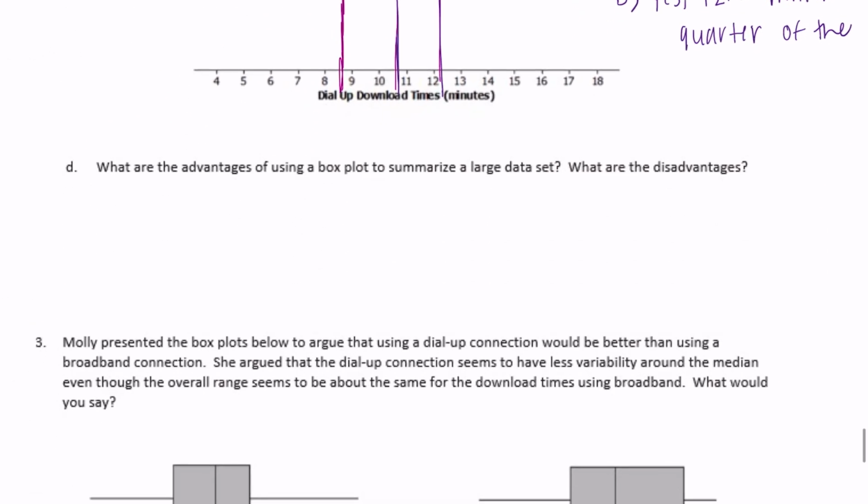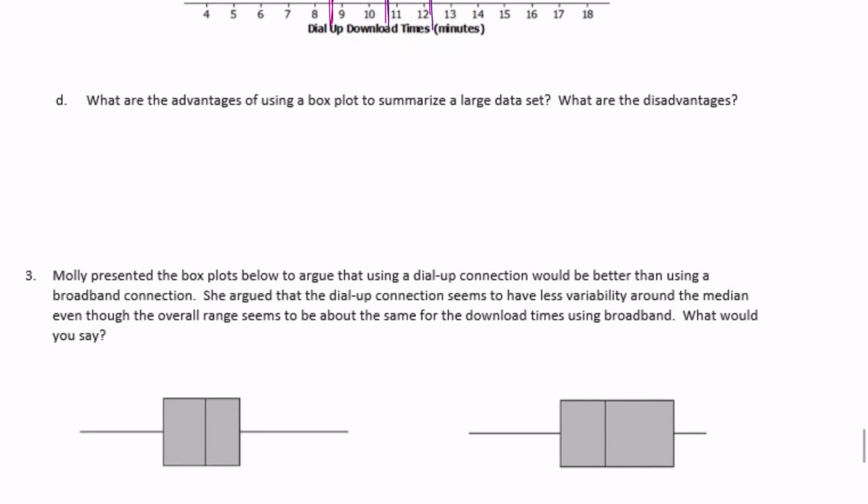D, what are the advantages of using a box plot to summarize a large data set? What are the disadvantages? Let's start with advantages. We'll make a little list. With lots of data, what are the advantages of using the box plot? We can see general patterns.